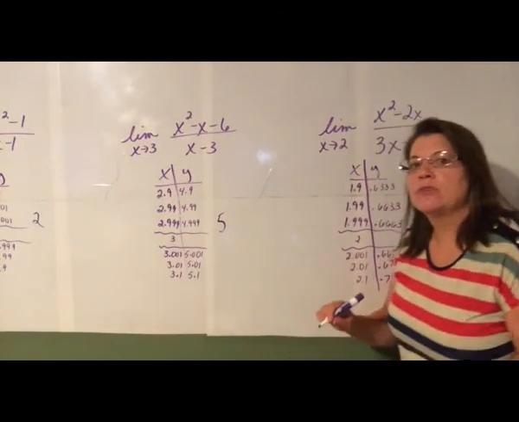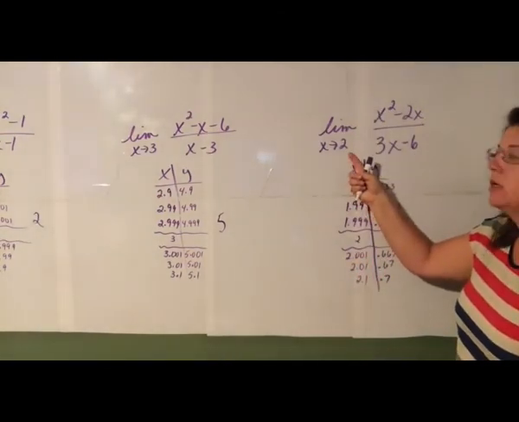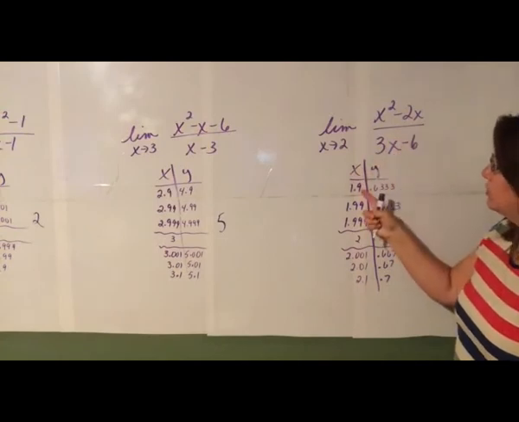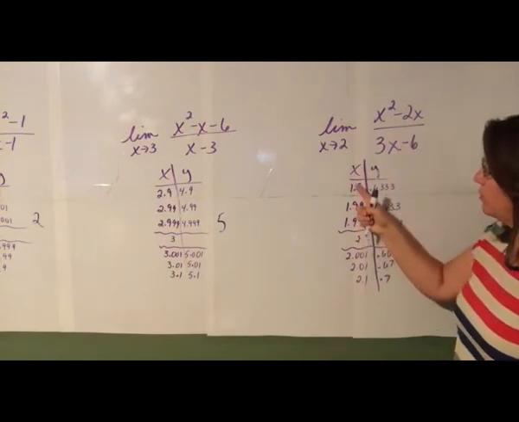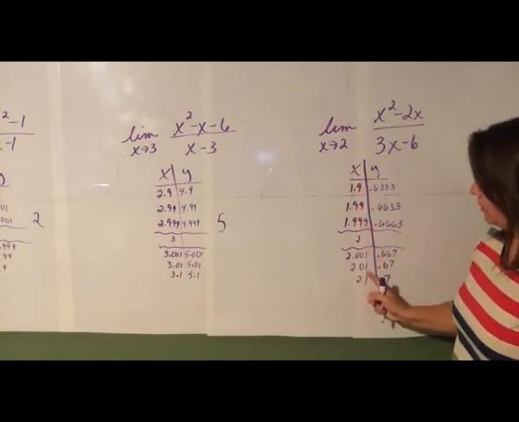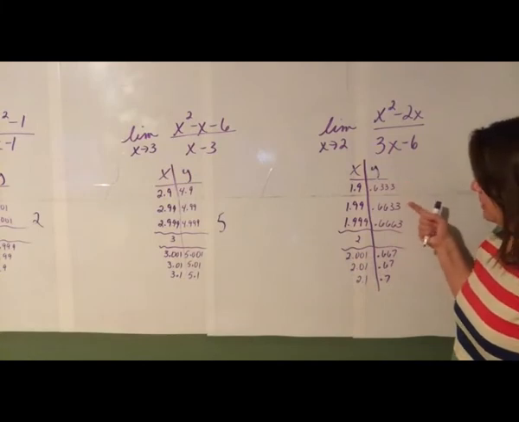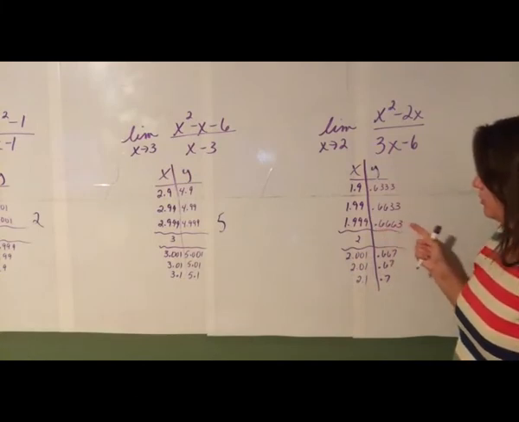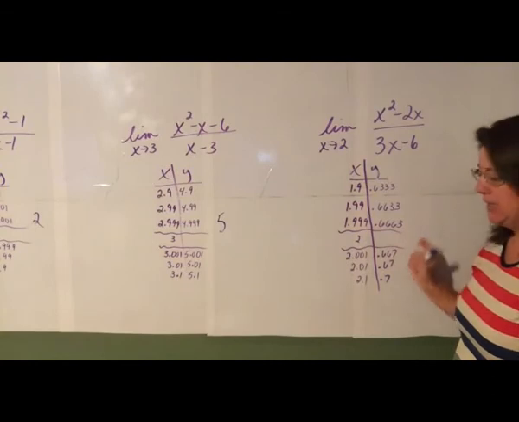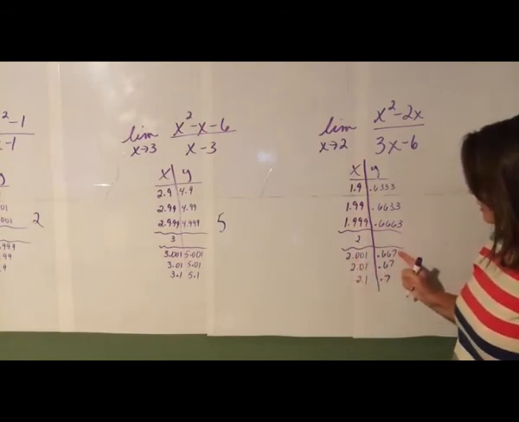And then last, the limit as x approaches 2, we're going to, from the left, plug in 1.9 until we're approaching 2. From the right, we get closer and closer to 2 from the right-hand side. And look at what's happening to our numbers. It looks like this is approaching 0.6 repeating. It looks like this one here is approaching 0.6 repeating.